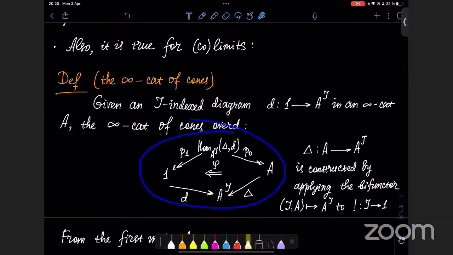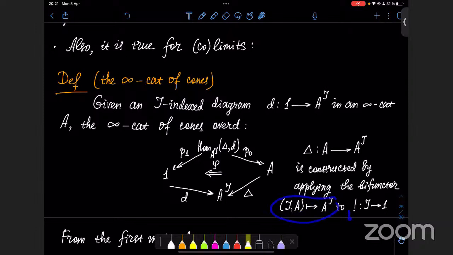Then we can define the infinity category of cones as just the following category: hom over A^J between the diagonal functor and D. Recall the diagonal functor can be constructed from the terminal functor and the canonical bifunctor, or functor of cotensor product in some sense, which gives us from this pair (J, A) the object A^J.